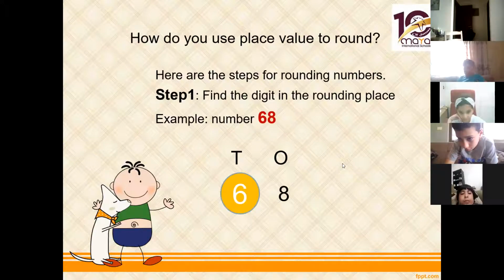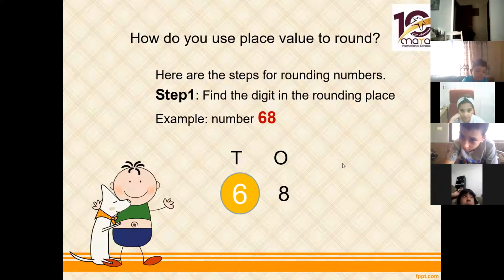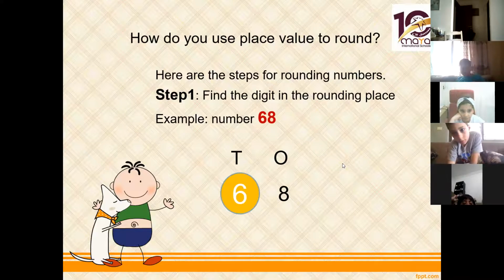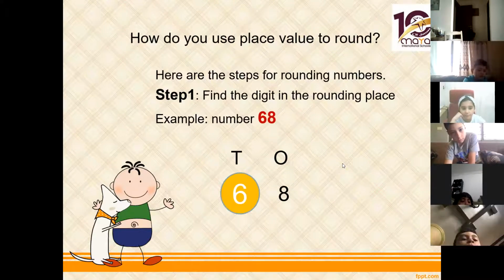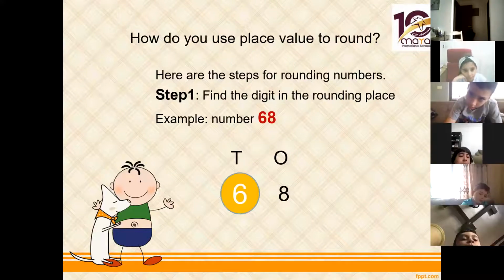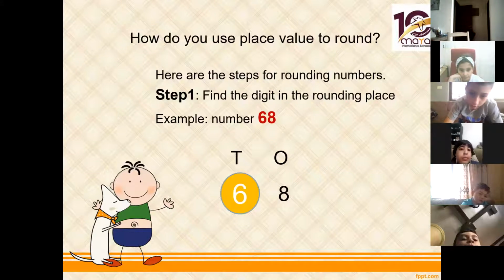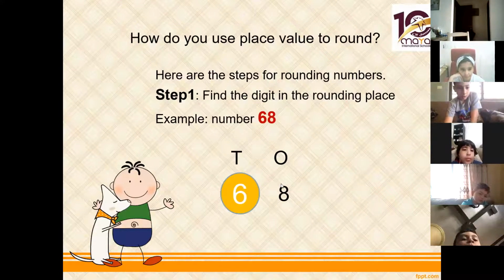It's 68. Now, to round 68 to the nearest 10, we have to find the two tens that are surrounding this number. What comes before 68 and after 68? Before 68, we have 60. After 68, we have 70, right? Now, the second step, we take the ones.